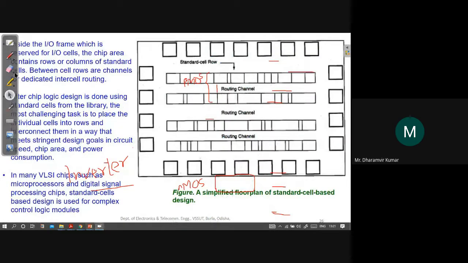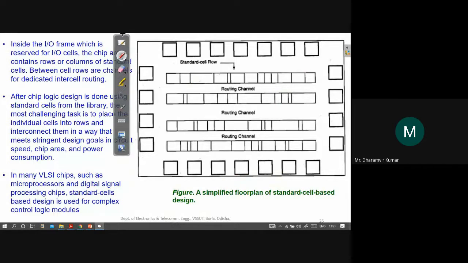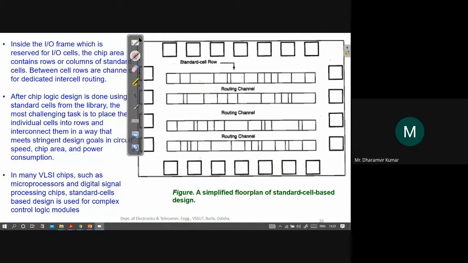Now here, this is a simplified floor plan for standard cell based design. So what do we have here?